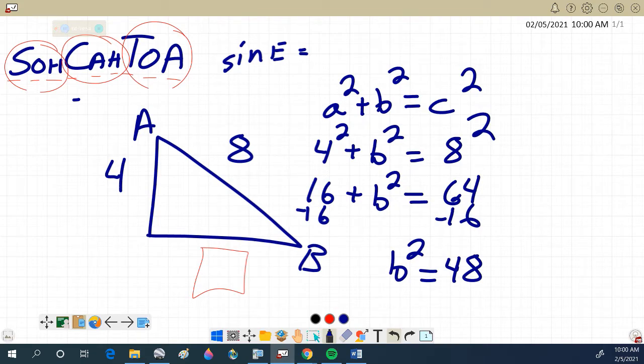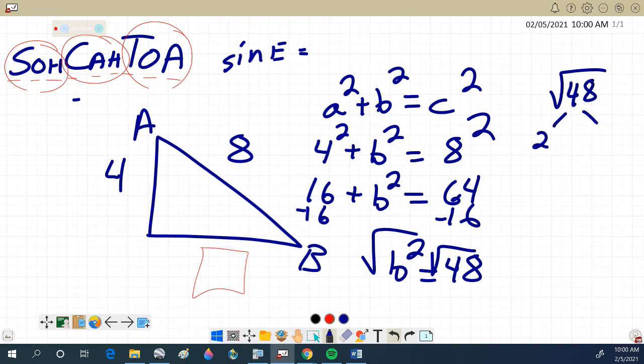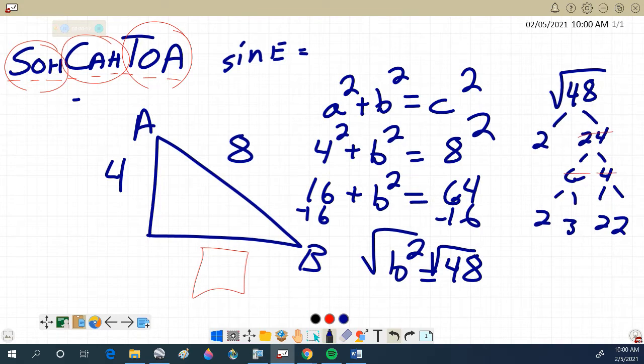Square root. And we have to simplify the square root of 48. Do you guys remember how to do that? Factor it. 2 and 24, 6 and 4, 2 and 3, 2 and 2. We cross off anything that's simplified. What are we looking for?